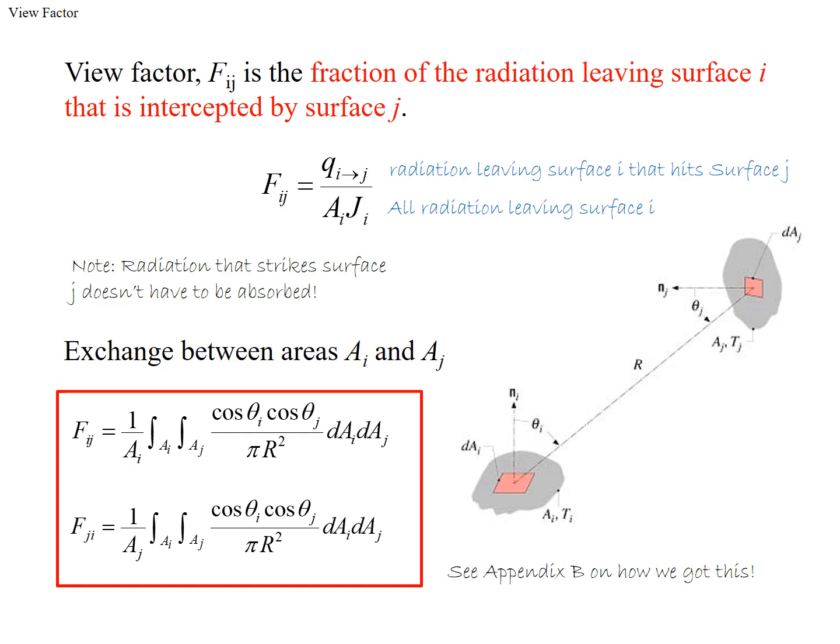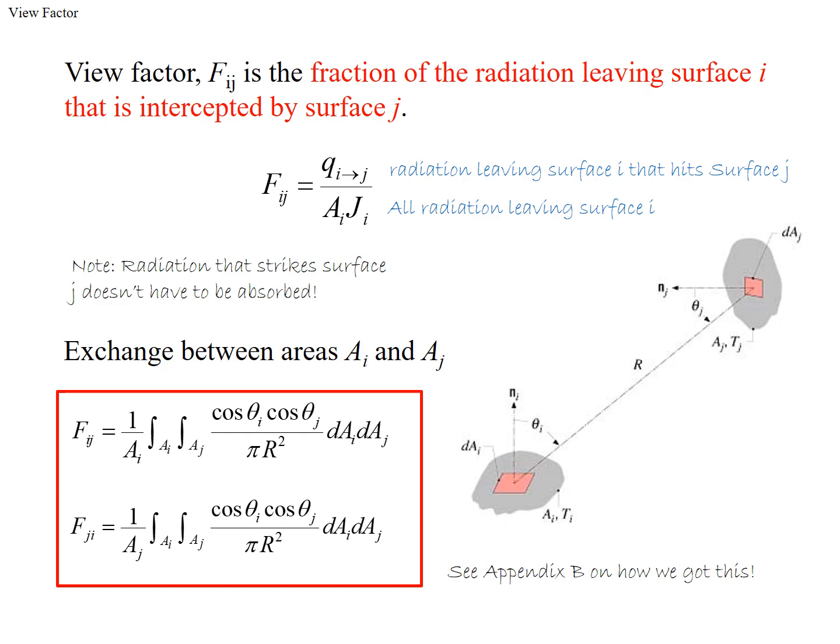F_ij is the fraction of radiation from i to j divided by the total radiation that's going off of surface i. What goes off of surface i is what's emitted from it and what's reflected from it. So in the denominator, the total radiation that goes off of surface i is going to be area A_i multiplied by the radiosity J_i. The units for radiosity are watts per square meter.